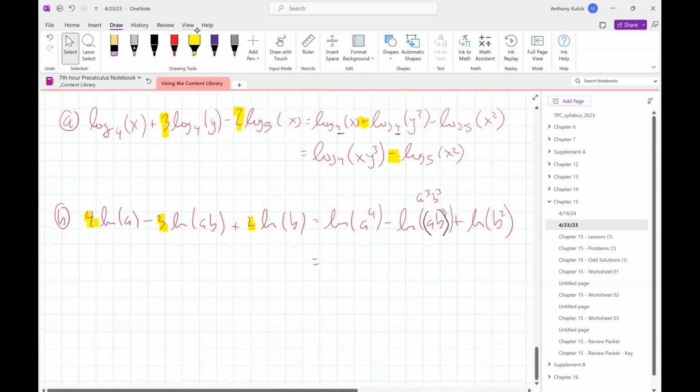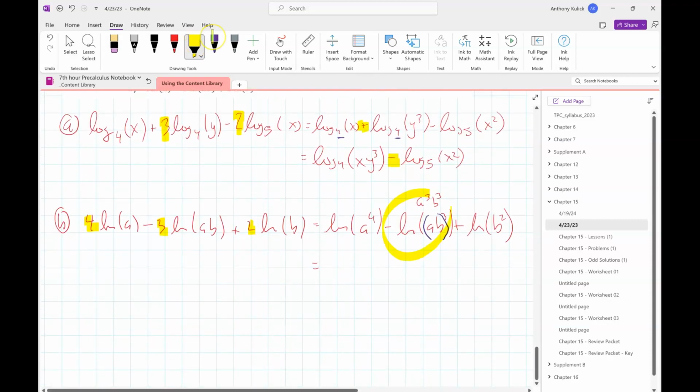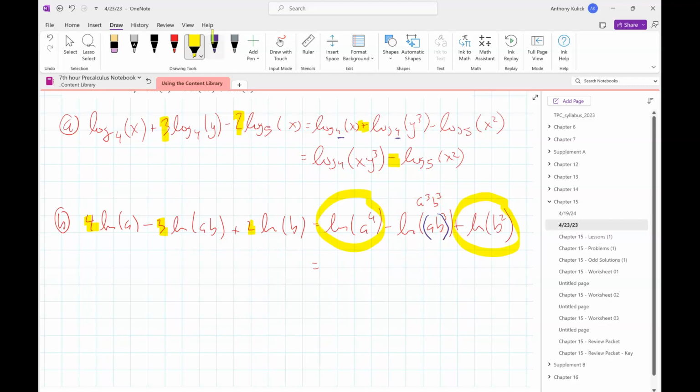If I look down here, this logarithm has a coefficient of -1 because of the subtraction symbol there. So if I'm doing a product property, it's actually happening between these two guys.